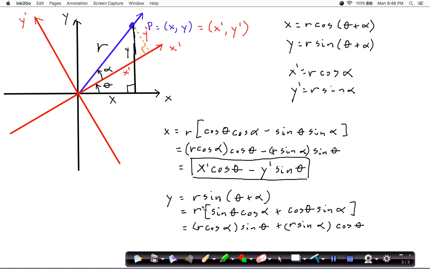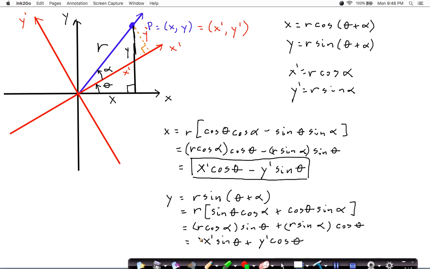We'll do some substitution again. We could see we have r cosine alpha over here, which is equal to x prime. So we can rewrite this as x prime sine theta plus r sine alpha, which is y prime. Y prime cosine theta. And there we have our second relationship over here.